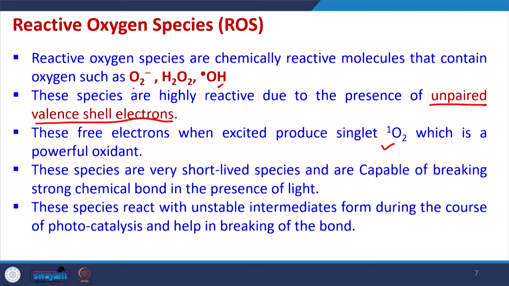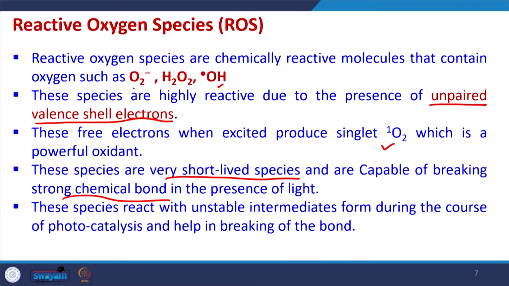The problem is that these oxygen species are generally very short lived, but during that time itself they are capable of breaking strong chemical bonds, in the presence of light or otherwise as well.